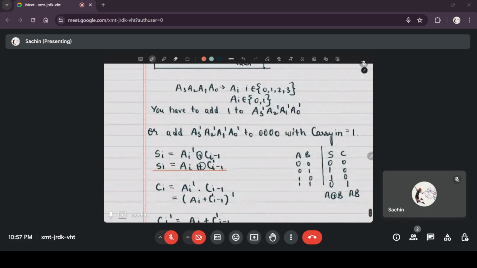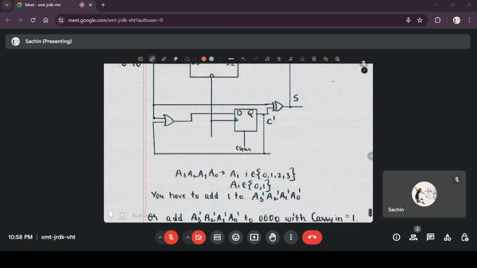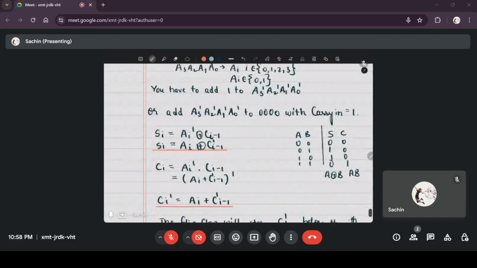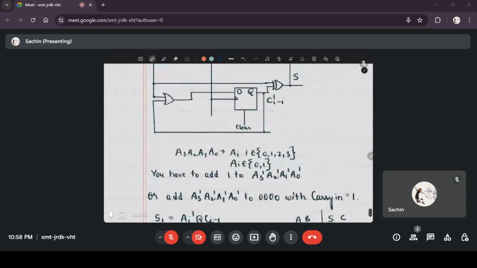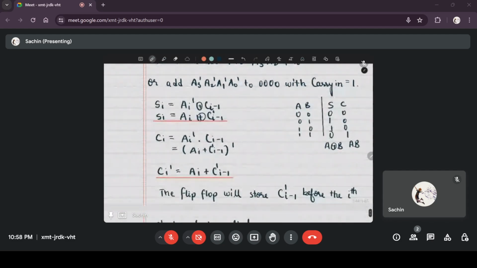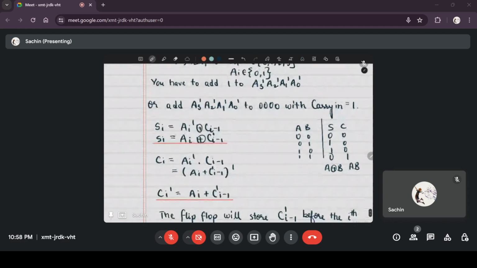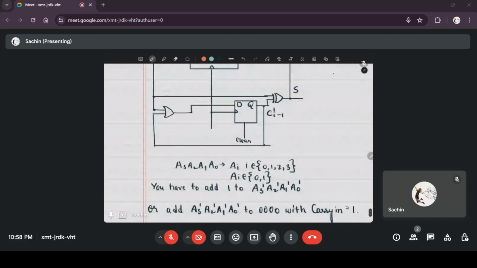So initially the flip-flop is reset to 0, then the complement of the previous carry is stored in each stage, and the complement is the output in each stage. And in the ith stage, the complement of the carry is nothing but the sum of the ith bit with the complement of the carry of the previous stage.